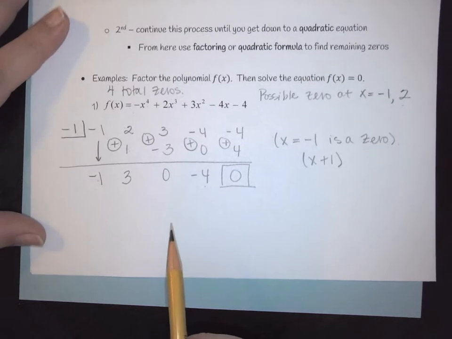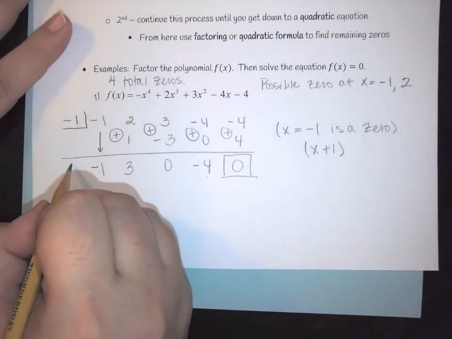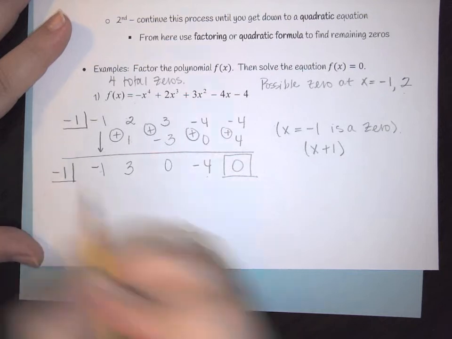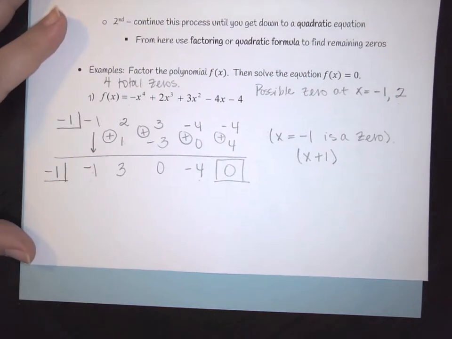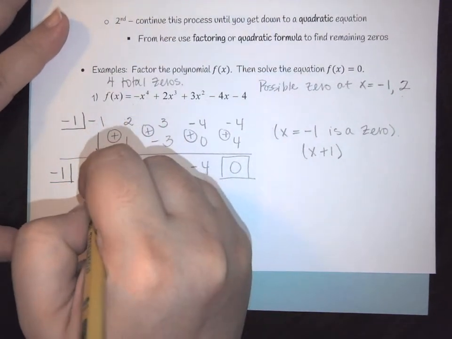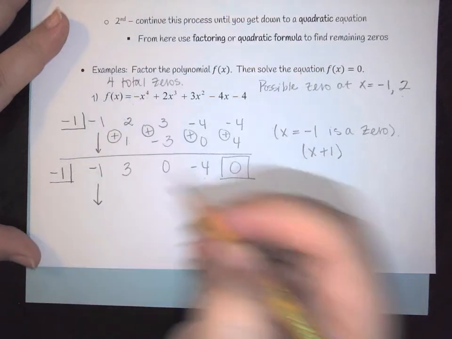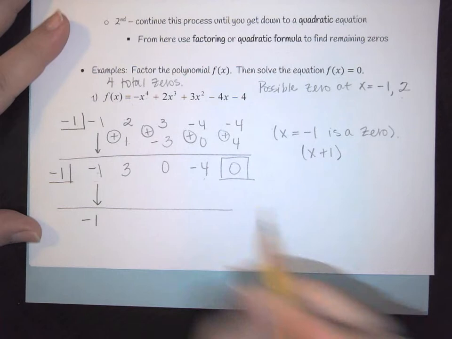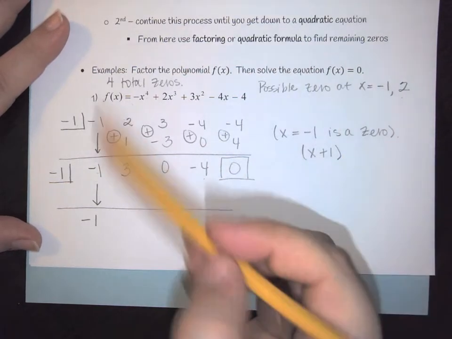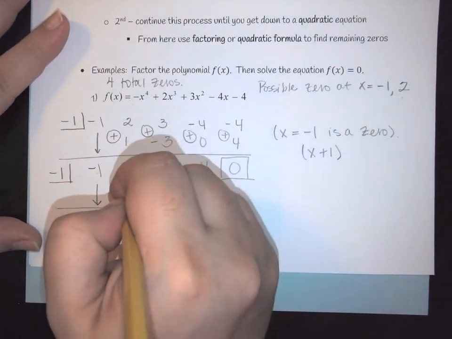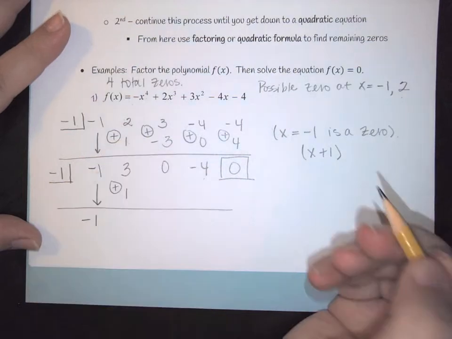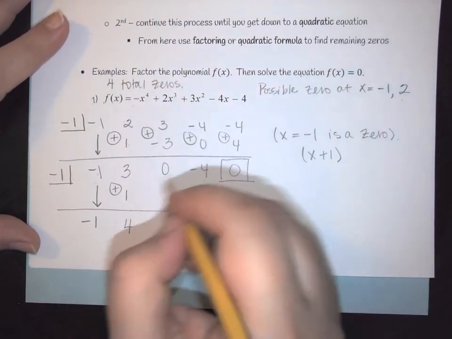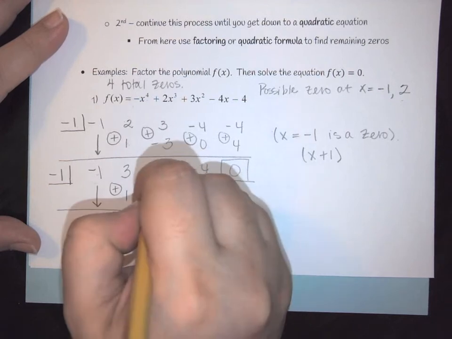Okay. Now, I have my new equation. So the easiest thing that we can do is you just simply drop in another box, and you want to test that same 0 again. Again, I need to drop down this first term. -1 drops, and now I can look at the remainder. -1 times -1 is 1. I need to add this. 3 plus 1 gives you 4. 4 times -1 is a -4.